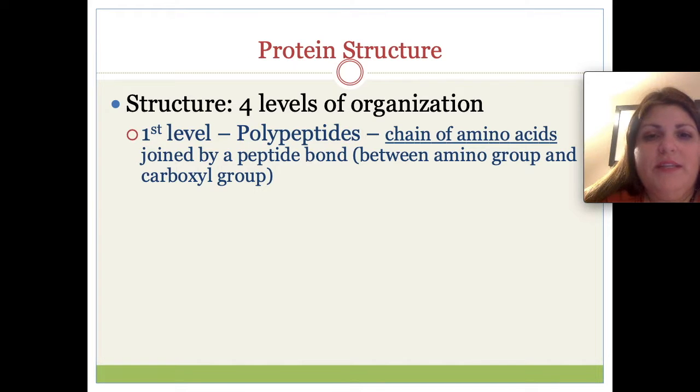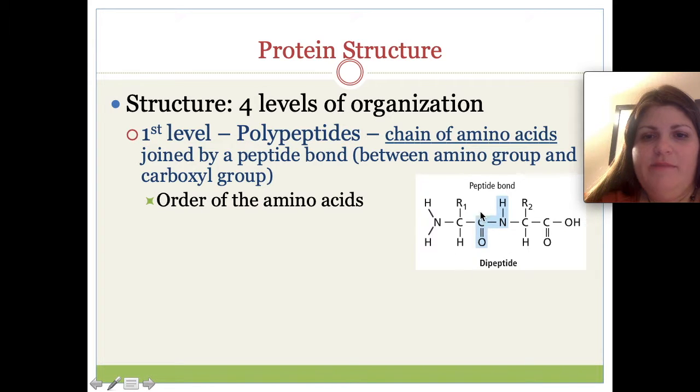The bond that joins them when dehydration synthesis happens is between the amino group and the carboxylic acid, and we call that a peptide bond, which is why it's called polypeptide. And that bond is right here. So the first level of organization in protein is the amino acids. That's actually what our DNA codes for. It's a really, really, really important level that determines all the rest.